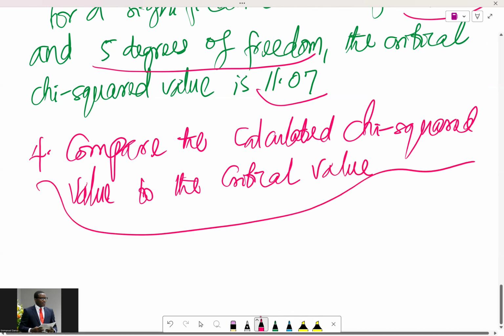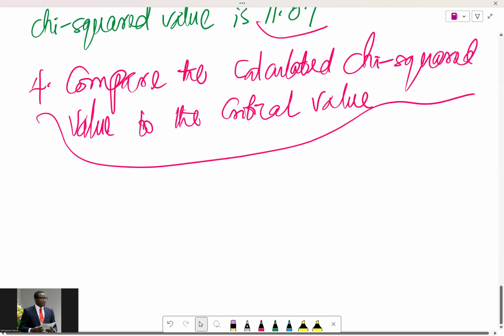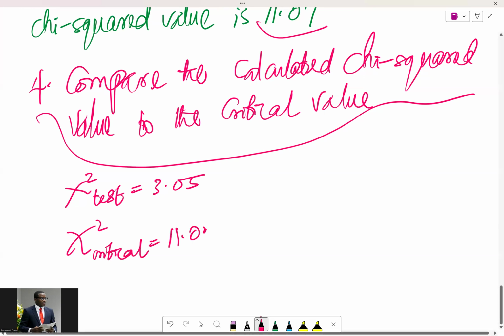The calculated chi-squared value is the test statistic, which is 3.05. That was all we got. And chi-squared critical, the one from the table, is 11.07. So the one from the test is smaller.